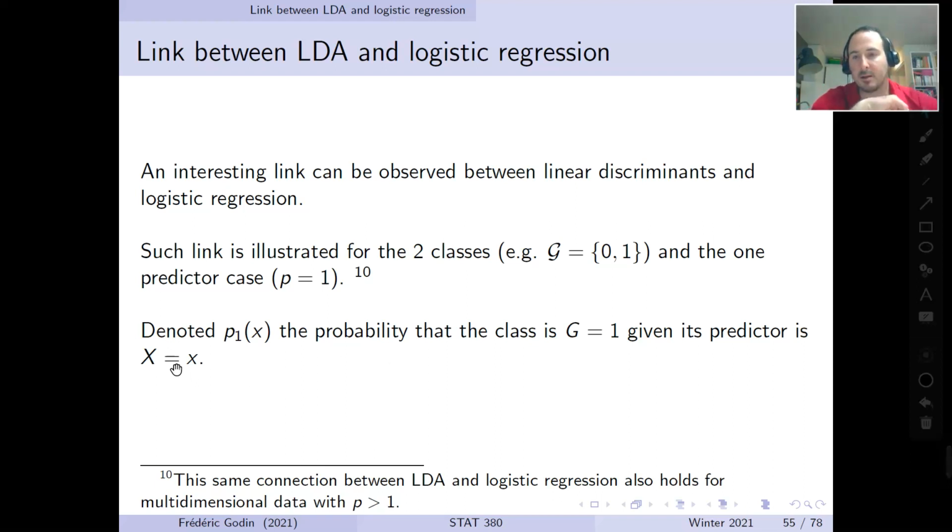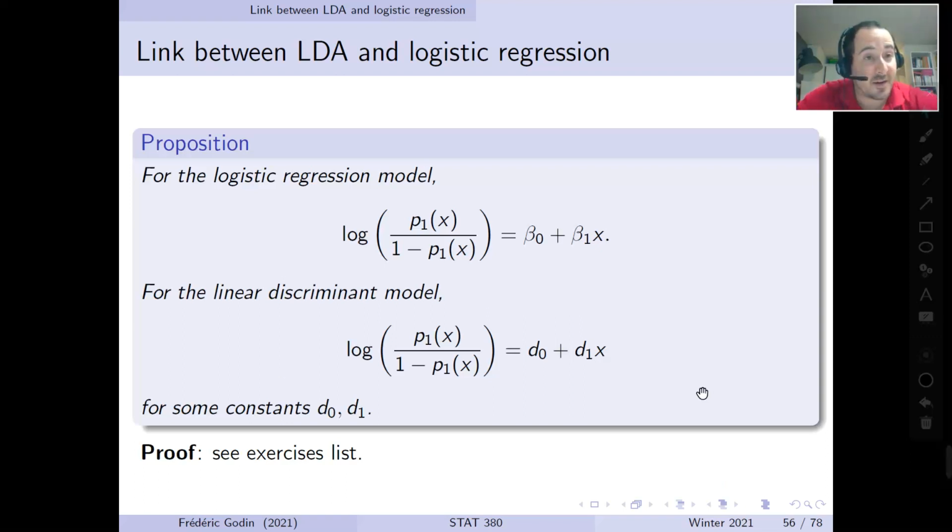Here let's denote by p1(x) the estimated probability, based on our model, that your observation is in the first class given its predictors are x. One very interesting result is the following.